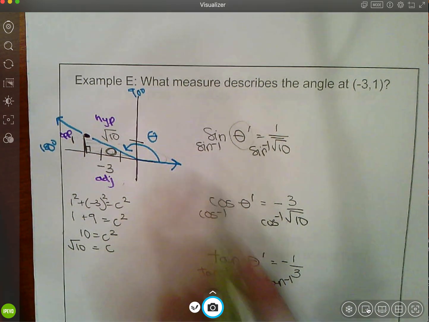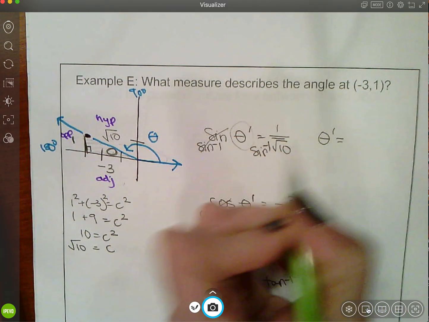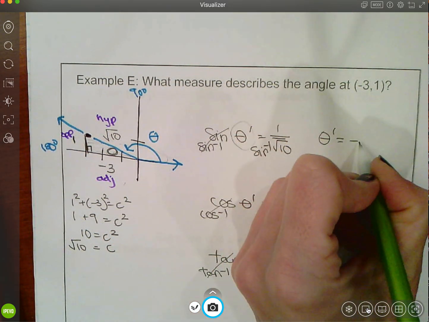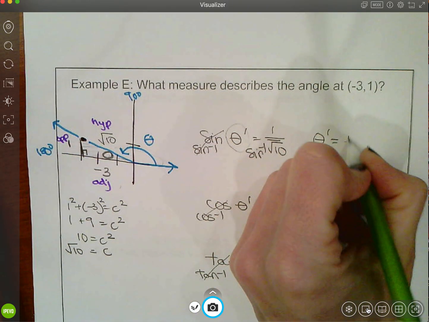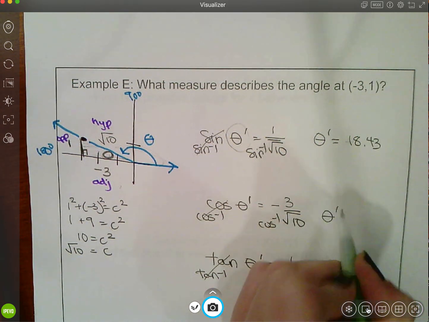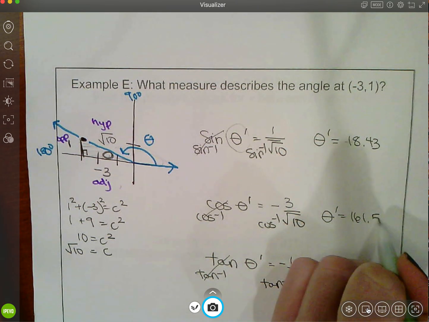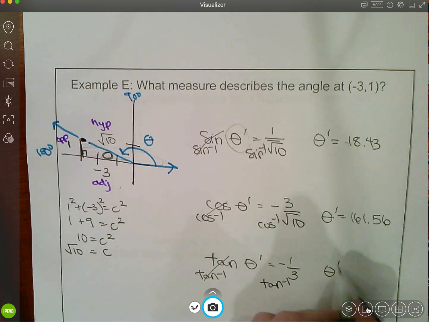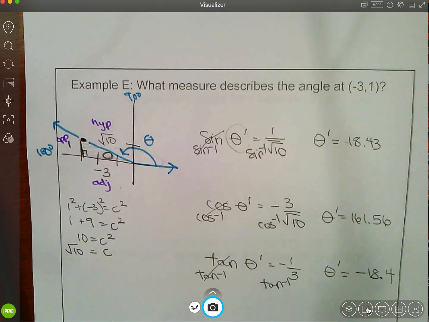And I'm going to trust that you know how to use your calculator on this, so I'm just going to give you the answers. The reference angle for sine is a positive 18.43. That shows promise. The reference angle for cosine is a positive 161.56. And if we use tangent, the reference angle will be a -18.4.